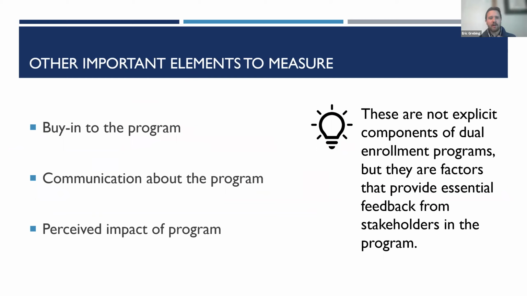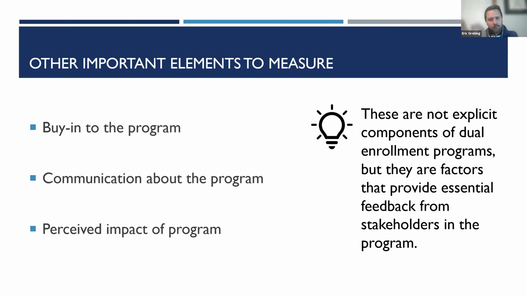I also mentioned that borrowing from implementation science has been a really important lesson learned over time for us, that it's not just about the components of a dual enrollment program, but it's also thinking about other important elements that are just good for other educational programs. So things like measuring buy-in, things about communication and perceptions of communication about the program.